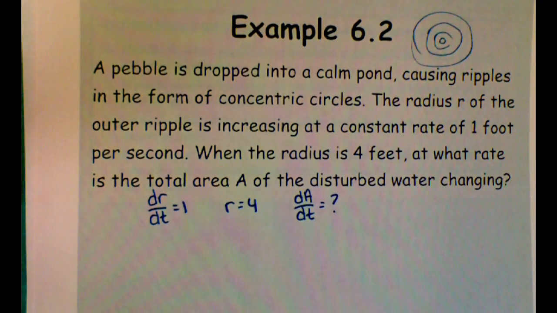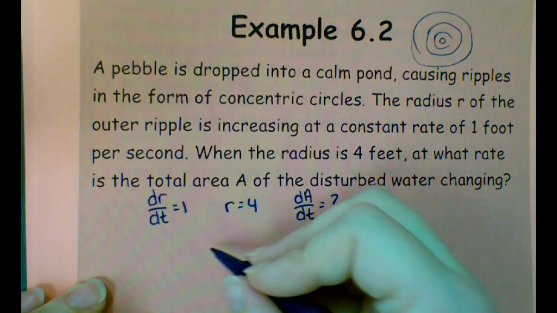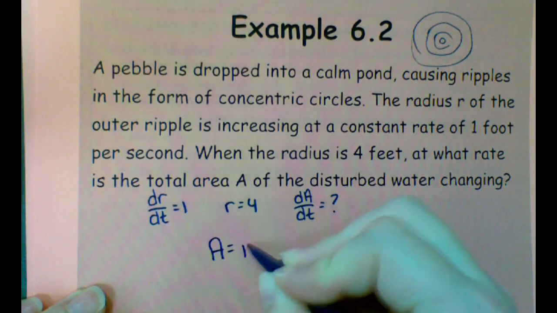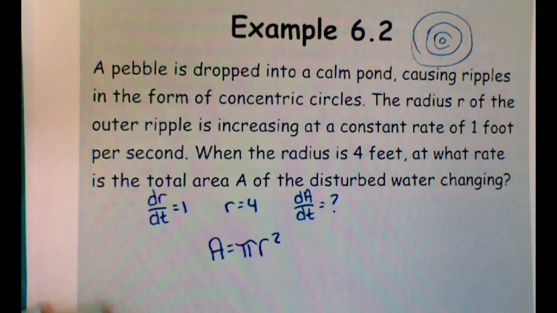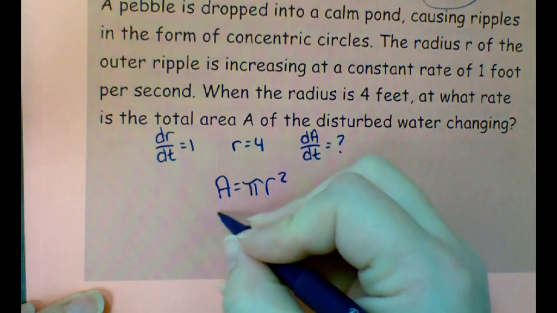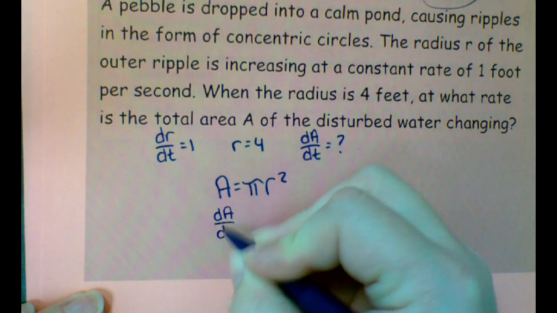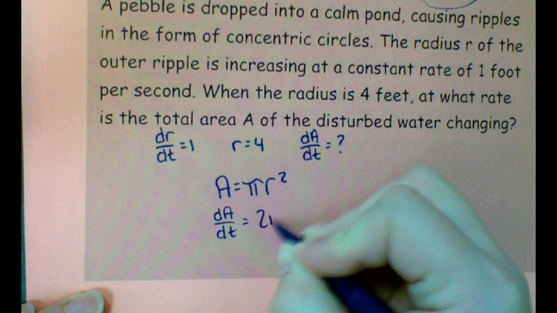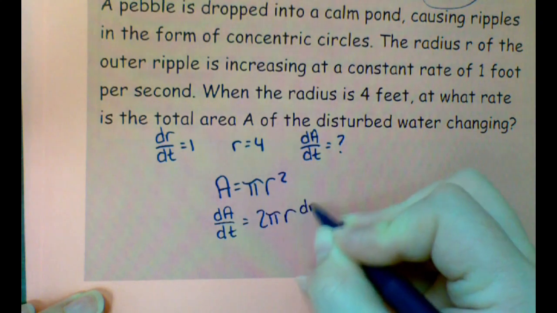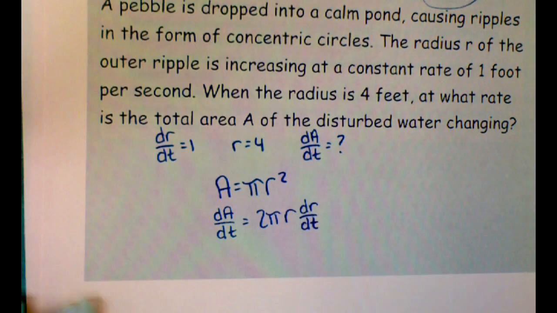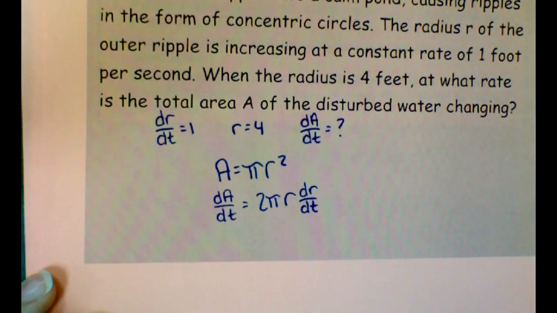Well, what relates the area and the radius? The area formula. Area equals pi r squared. So now we take our derivative. The derivative of A is dA/dt equals 2 pi r dr/dt. And then we just plug in what we know. We know r, we know dr/dt.